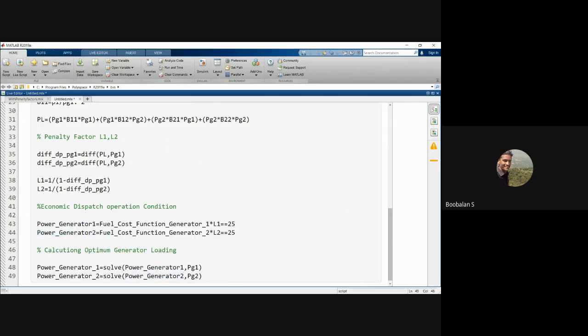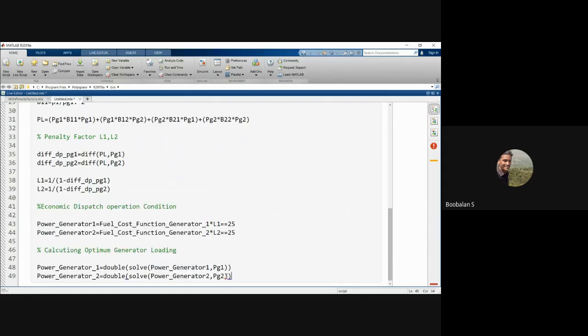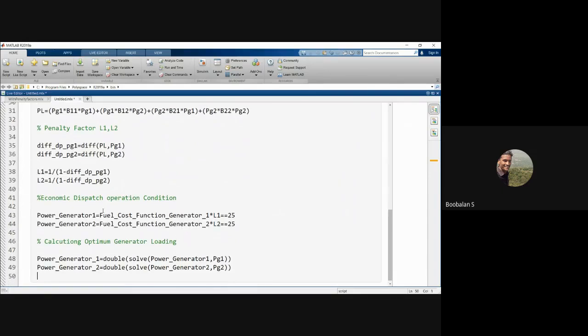Anyway, for the ratio answer, I'm just converting it into double. That's all, it needs to be double. I think it will work, I guess. Otherwise, we'll need to refer to my morning class session.